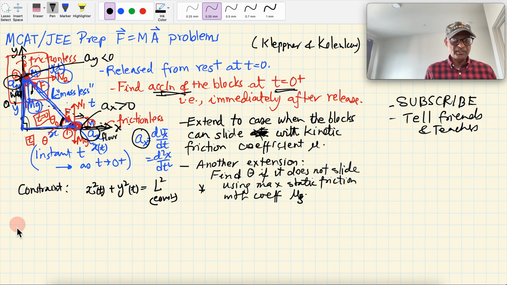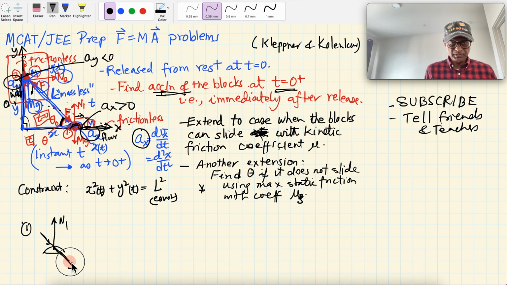So that's the constraint, and let's write down what we can get from the constraint, and then what we get from the equations of motion. So the equation of motion: this block has n1 in this direction, this is f1.